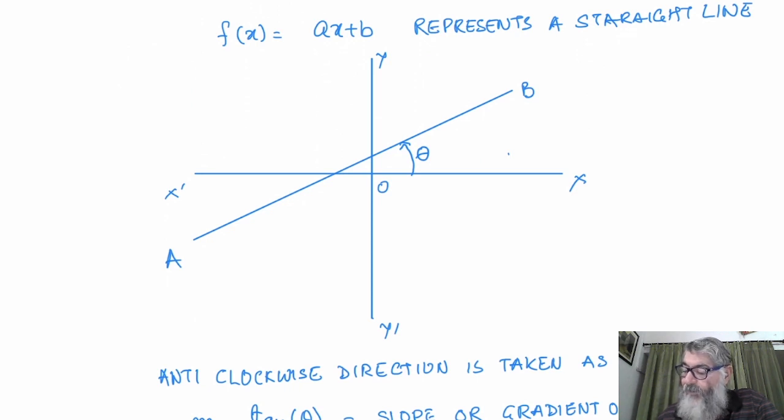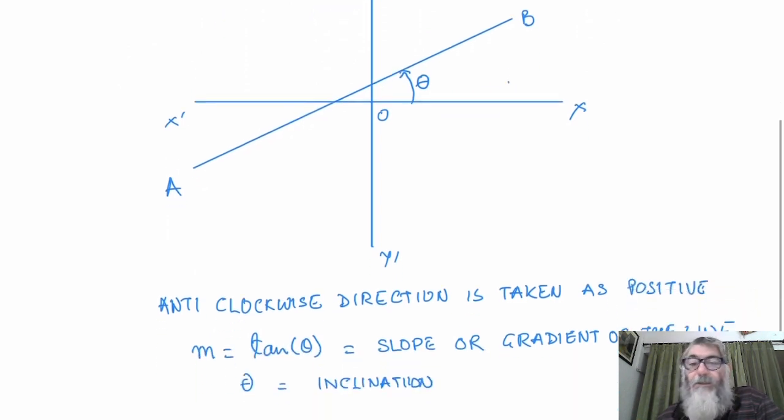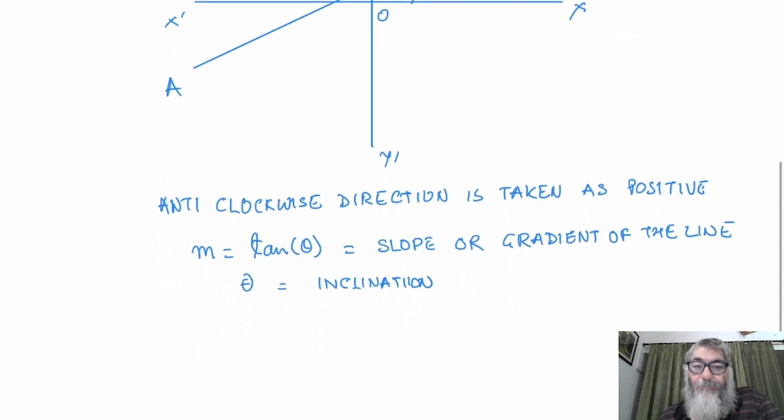Theta is called the inclination, while tan theta is called the slope or the gradient of the line.